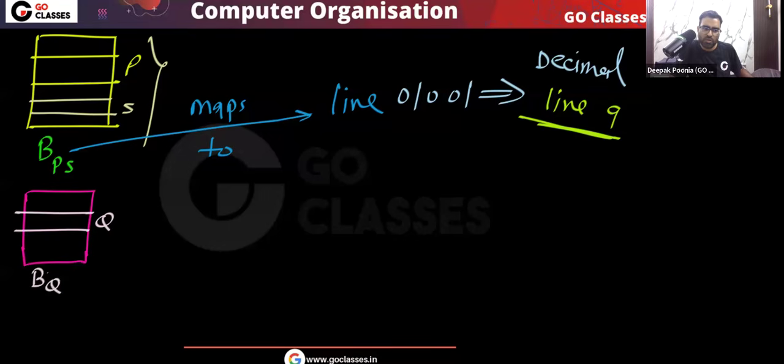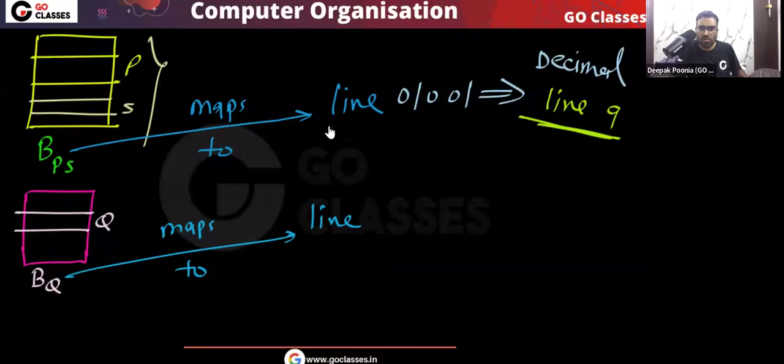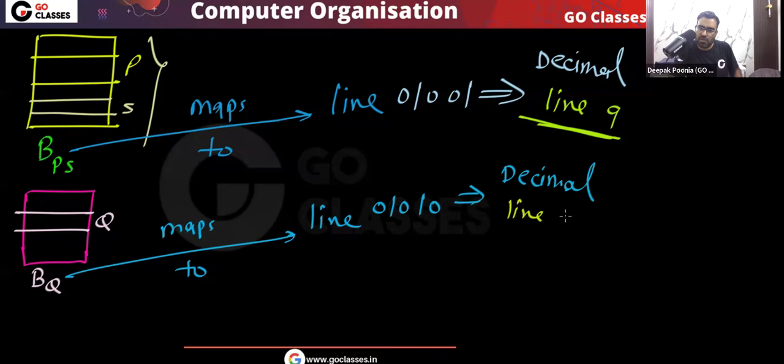So the block containing Q will map to line 01010. In decimal, of course, you can find it: line number 10. The block containing Q will map to line number 10. Also remember, the block containing R will also map to line number 10.